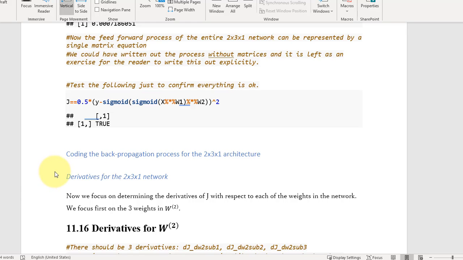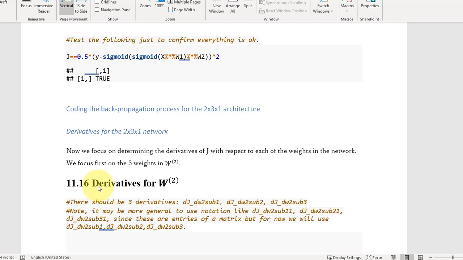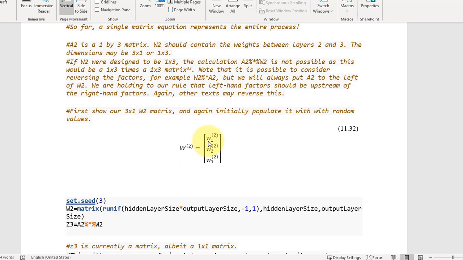Okay, so next we need to do the backpropagation, and that's where we're going to need the derivatives. Just as before, backpropagation depends on the derivative of J with respect to all of the weights, so that we know how to adjust all of the weights. We're going to need the derivative of J with respect to this weight. This is in the second set of weights, right? This is W2.